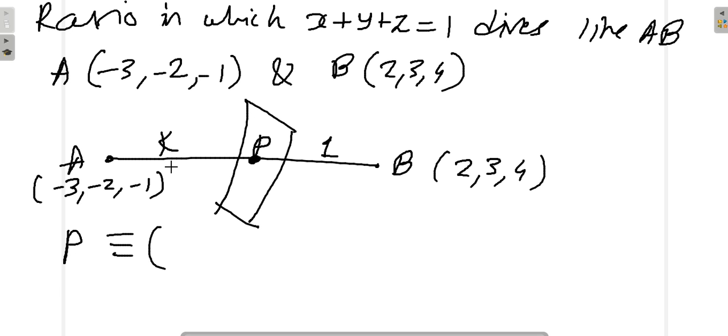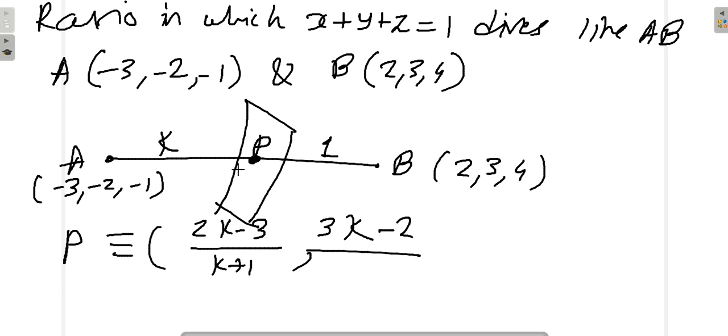k into 2 plus 1 into minus 3 upon m plus n, that is k plus 1. What is the y coordinate? m y2 plus n y1, so k into 3 plus 1 into minus 2 upon k plus 1.